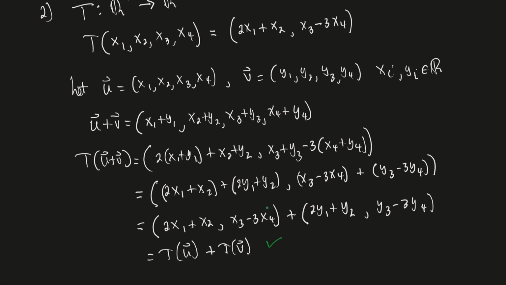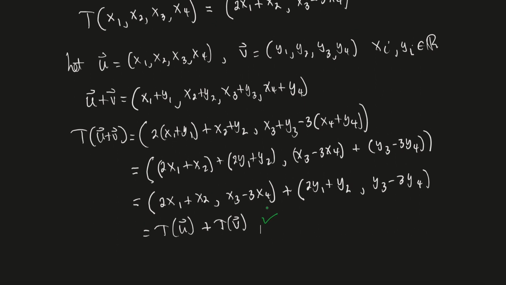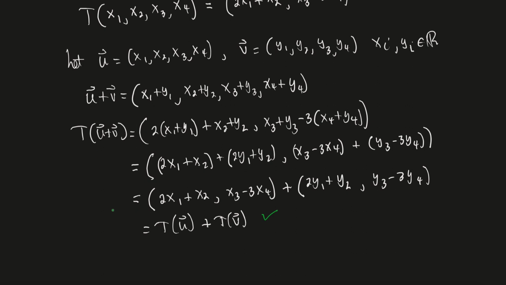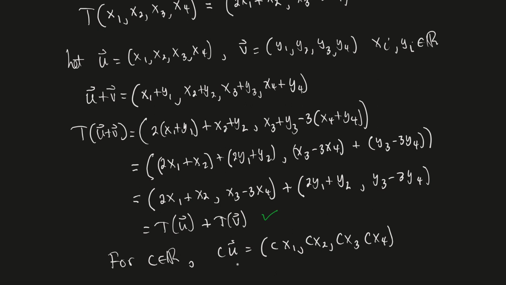Now we have to check the scalar one, and that one's a little bit easier. So what I'm going to do is take my vector u and multiply it by any scalar. So for c in the set of real numbers, c times u is the vector cx1, cx2, cx3, cx4. So now let's transform this scaled vector and see what happens.